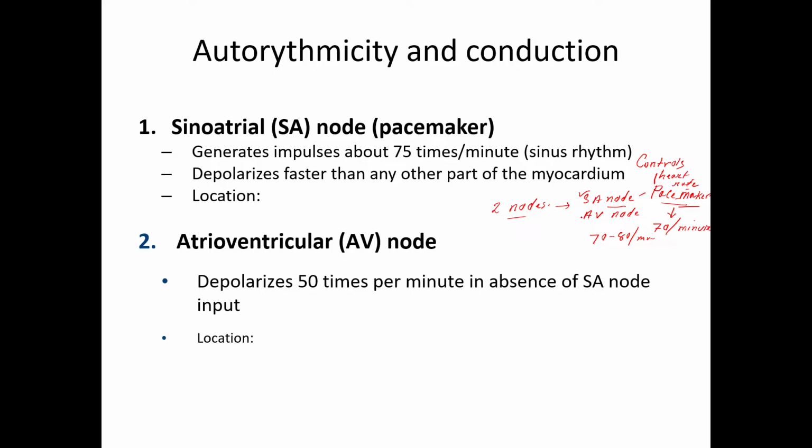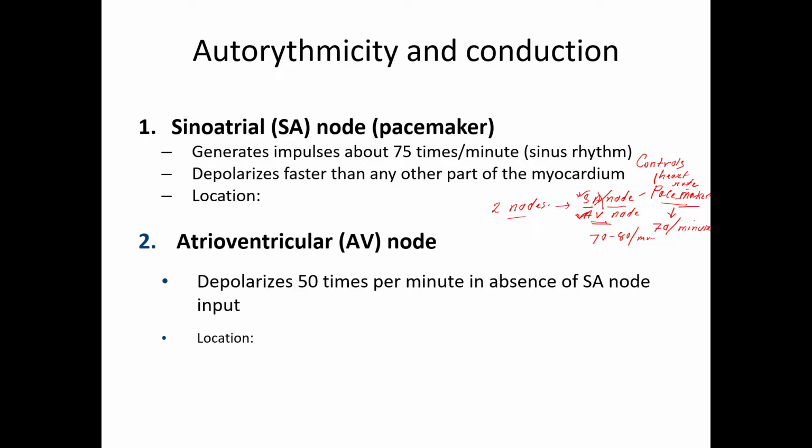AV node is a backup. If the SA node fails for some reason, if it is destroyed or damaged, non-functional, then the AV node takes over. But the SA node is the main one, right? It's like in the office, this is the main boss. If he is gone, then the second one takes over.